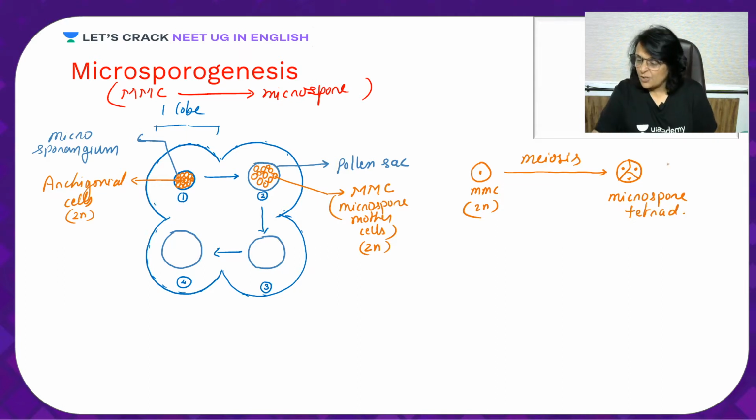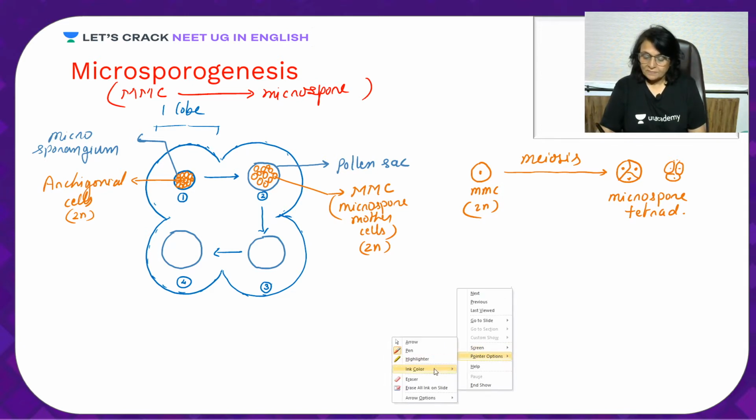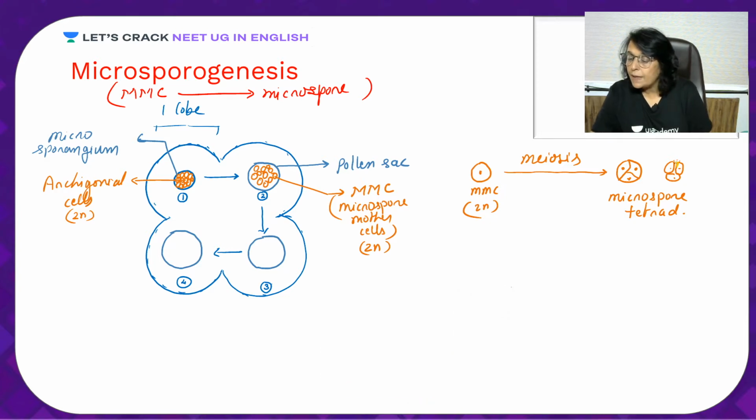If I have to just show you, this is one cell, the second cell, the third cell, and the fourth cell is behind it. These four cells are glued together. They are together. And what is that thing which is helping them to remain together?